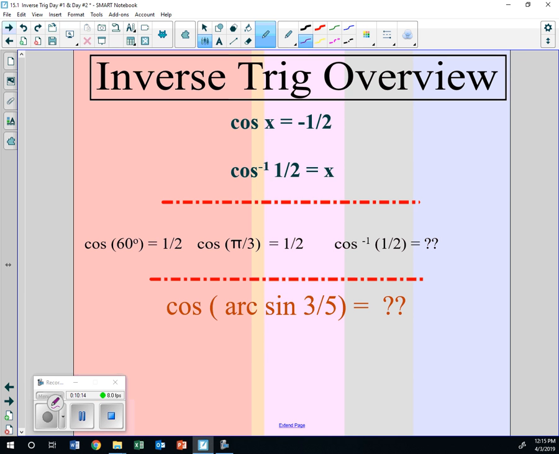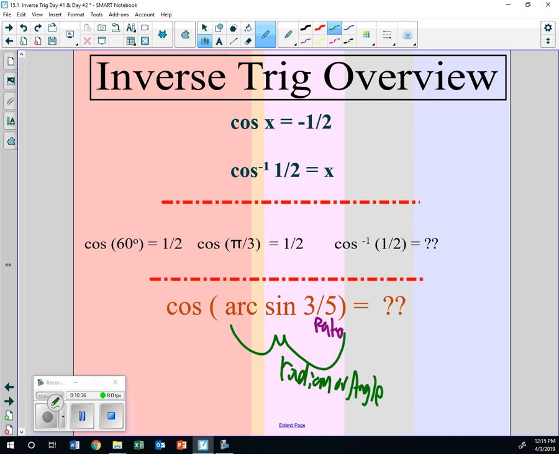All right, here's where it gets good. You ready? What if we did a composition where we did an inverse and a function? So here we're taking a ratio and we're converting it into arc, radian, or angle.